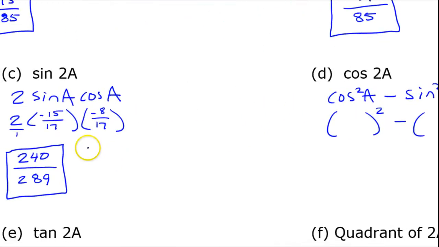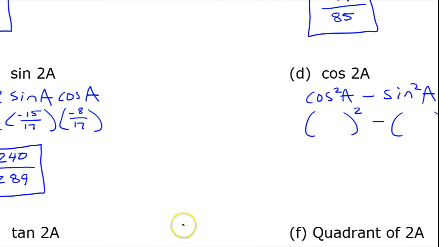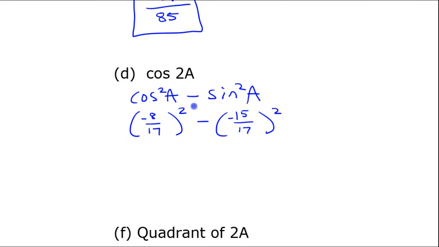Okay, and we can see from the previous problem over here that cosine of a was negative 8 over 17. And the sine of a was negative 15 over 17. So we have this. If you square something, it turns positive, so I don't really need to worry about that negative sign.